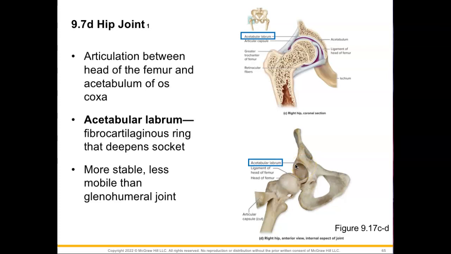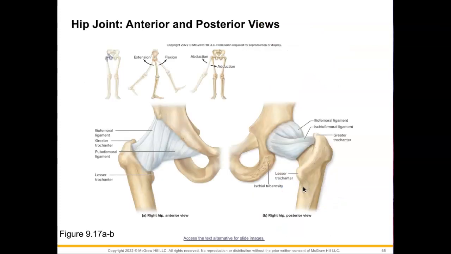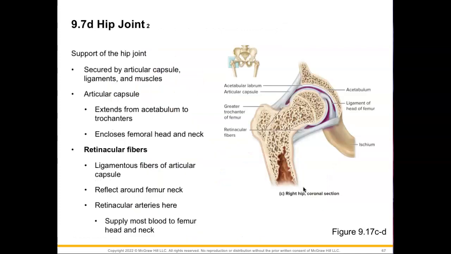Once again, this is made up of fibrocartilage, and it's also going to allow this hip joint to be more stable by deepening the socket, and in turn is going to make it less mobile than our glenohumeral or shoulder joint. And here is just an illustration that we're going to reference in the coming slides.